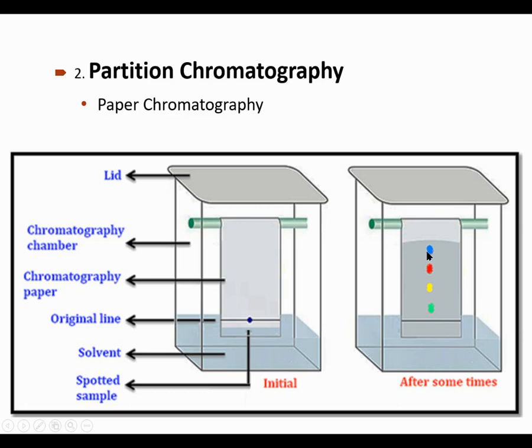Then for each sample, you're going to take note also of the distance traveled compared with the baseline. So it's also going to use the RF, the retardation factor or the retention factor. So that is for paper chromatography.